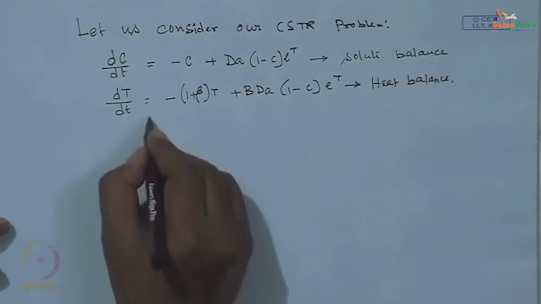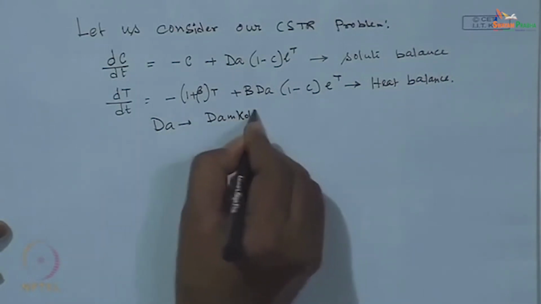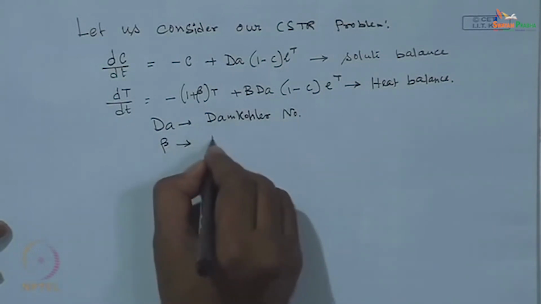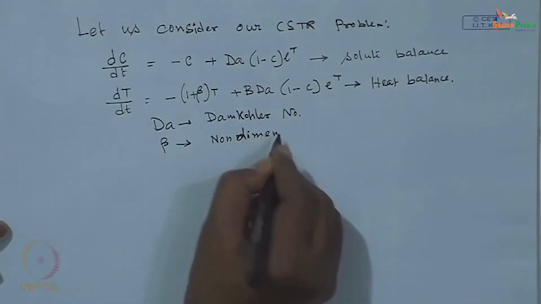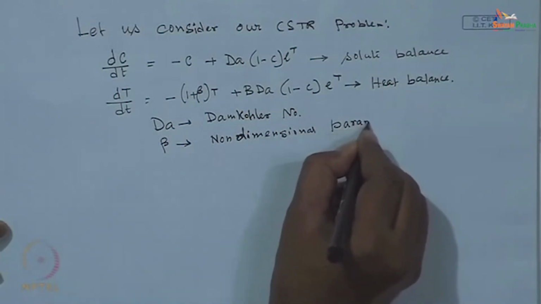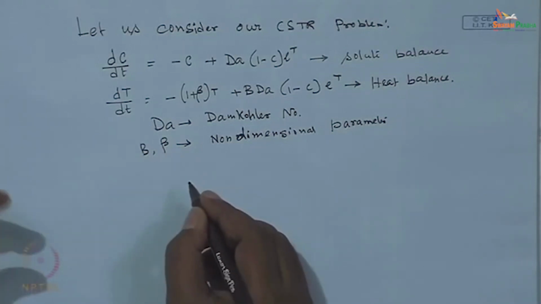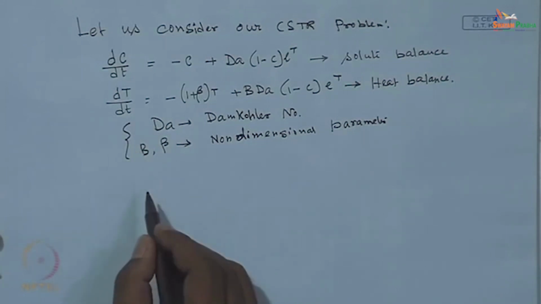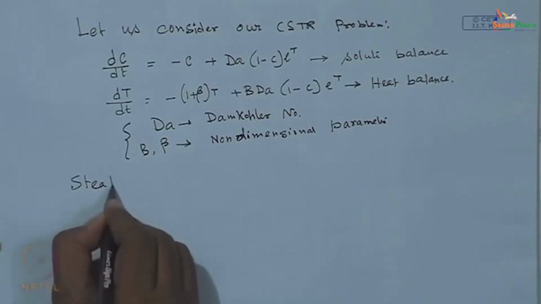The parameters in the system are the Damkohler number DA, β, which is a non-dimensional parameter, and B, which is another non-dimensional parameter. Now, these three are the parameters of the system. Let us look into the steady state of this system.